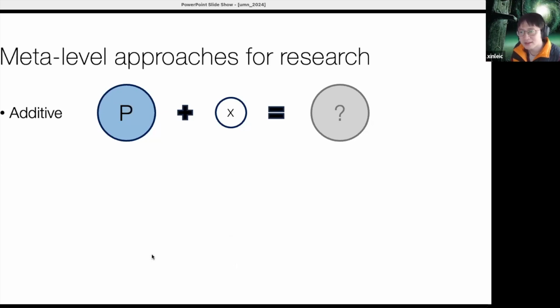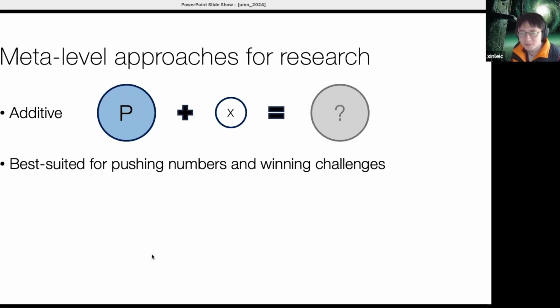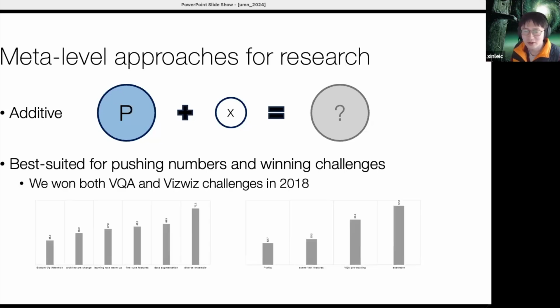So this additive research is, I would say, best suited for pushing numbers and winning challenges. This is a story from when I first graduated from school. We won both visual question answering challenges in 2018 using this kind of research.